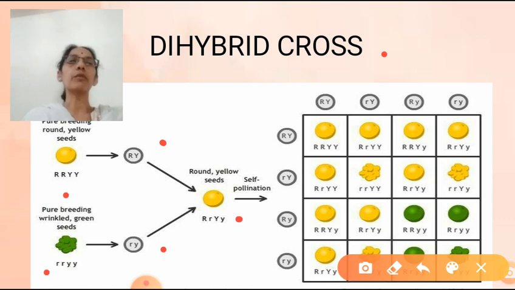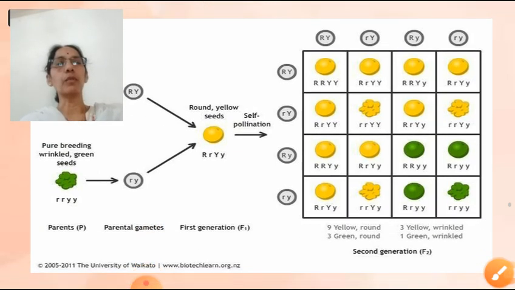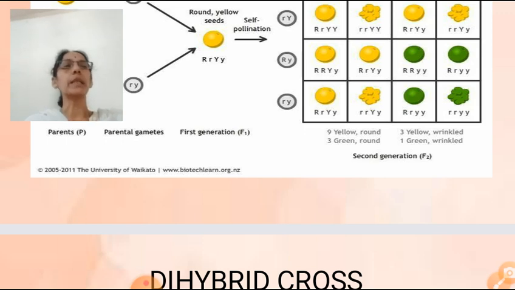When two F1 generation plants were self-pollinated or self-crossed, in the F2 generation we got the ratio of 9:3:3:1. That is 9 plants were having yellow and round seed, 3 were having yellow wrinkled seed, 3 with green round seed and only 1 with green and wrinkled seed.